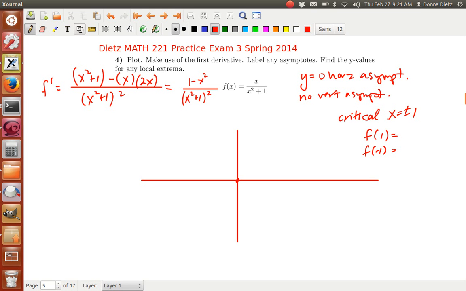If we put x as 1 in, we get 1/2. f of -1 is -1/2. Alright? And we know that f of 1 is 1/2, so it would be like here, and f of -1, we'll say, is -1/2.